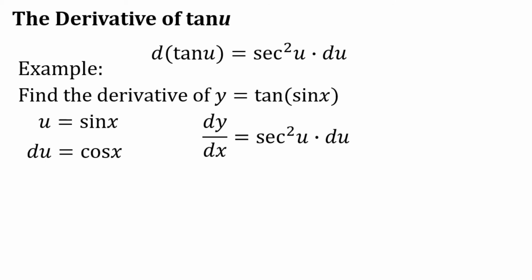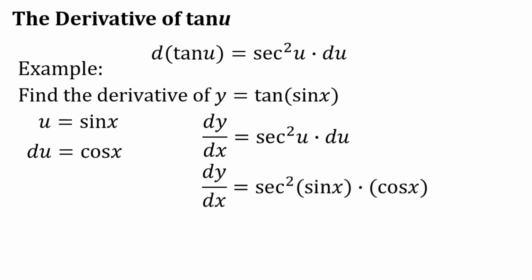Apply the formula. Dy over dx equals secant square u times du. Substitute u and du. So this will become dy over dx equals secant square of sin x times cosine x. As you can see, our u is sin x and our du is cosine x here.